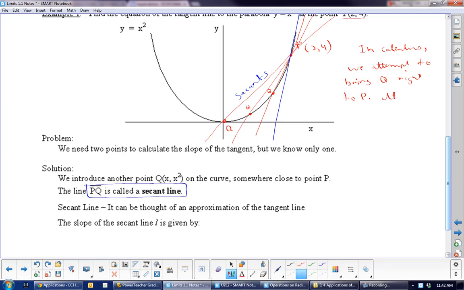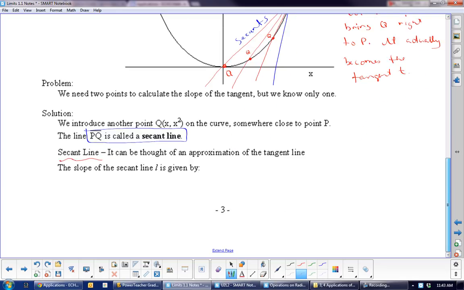It actually becomes the tangent T. So the secant line, right down here, if you read this, it can be thought of as an approximation of the tangent line.